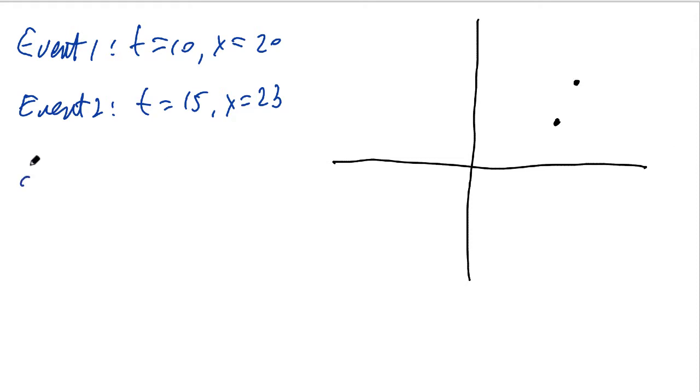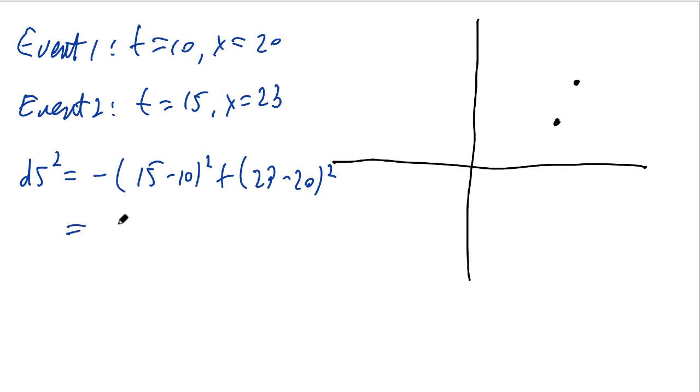Okay, the line element in this case is minus dt squared, that's 15 minus 10 squared, plus dx squared, that's 23 minus 20 squared. So this is minus 5 squared is 25, 3 squared is 9, so that's minus 16.